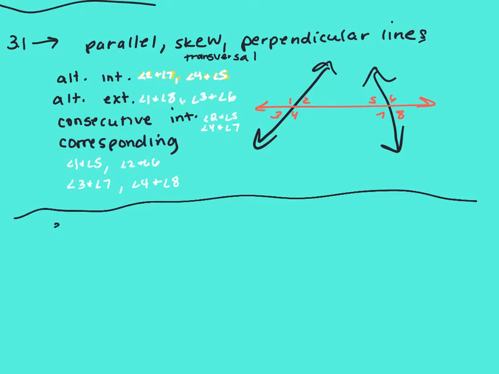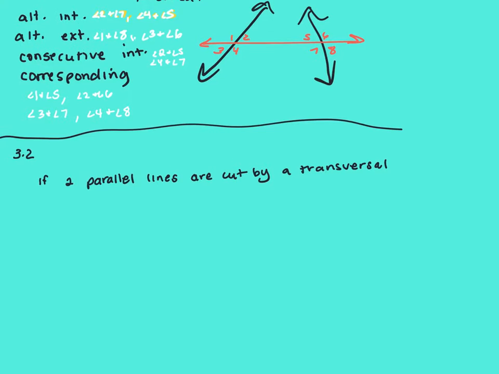Then came 3.2, which was all the theorems about parallel lines. They all started the same way. If two parallel lines are cut by a transversal, then, and there's 4 of them, the alternate interior theorem says alternate interior angles are congruent.